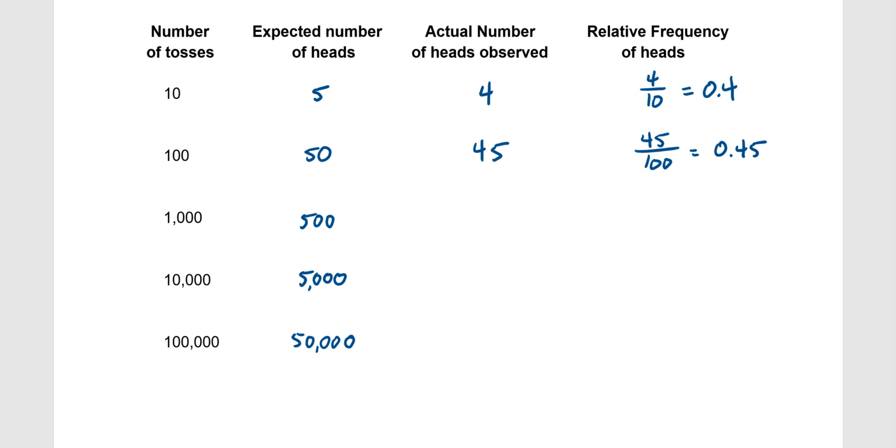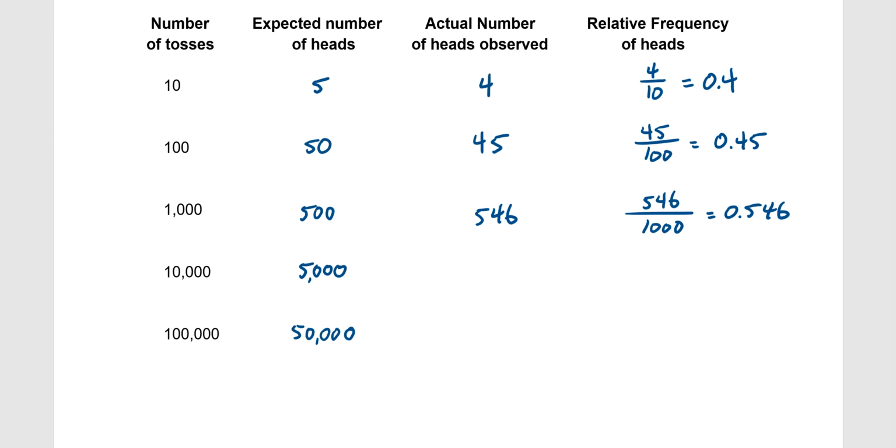And let's say we toss it 1,000 times and we get 546 heads. That's going to be a relative frequency of 546 over 1,000, which is 0.546. Then let's say we toss it 10,000 times and we get 4,852 heads. So the relative frequency of 4,852 divided by 10,000 is going to be 0.4852.